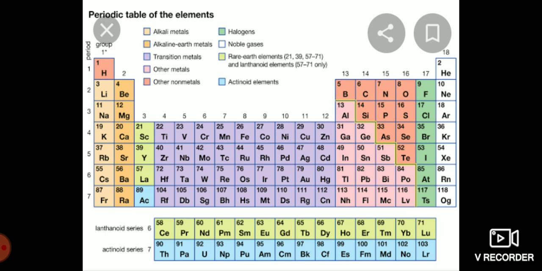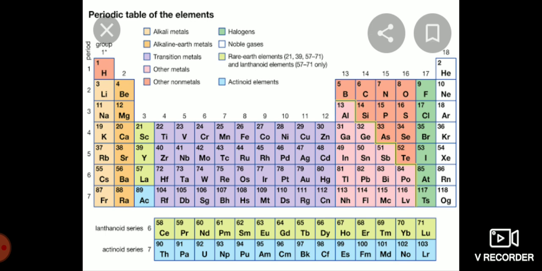The first group is alkali metals, the second group is alkaline earth metals, the 13th group is the boron family, the 14th group is the carbon family, the 15th group is the nitrogen family, the 16th group is the oxygen family or chalcogen family, the 17th group is the halogen family, then the 18th group is noble gases or inert gases.